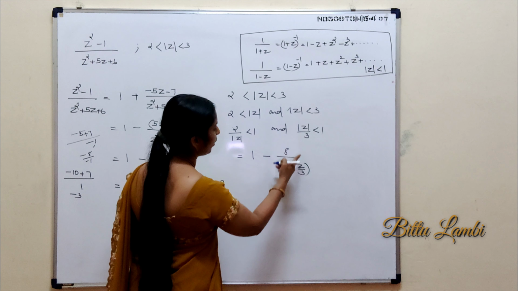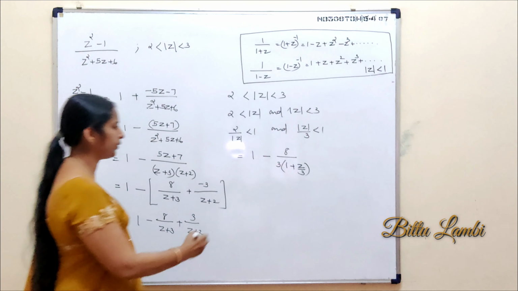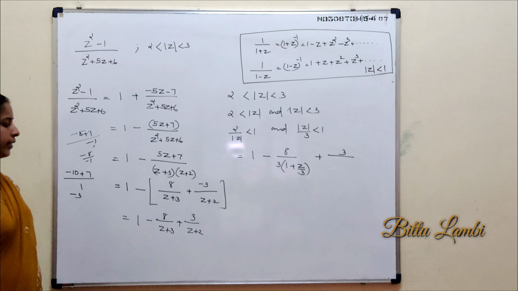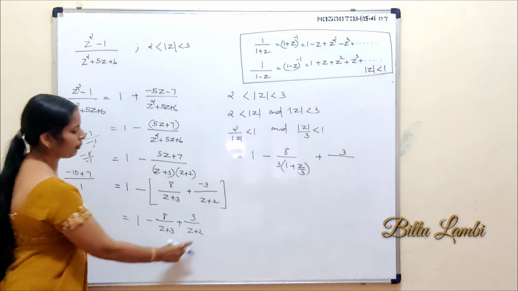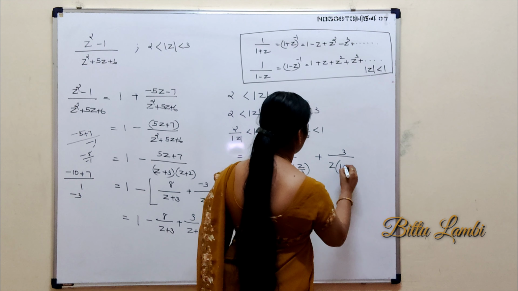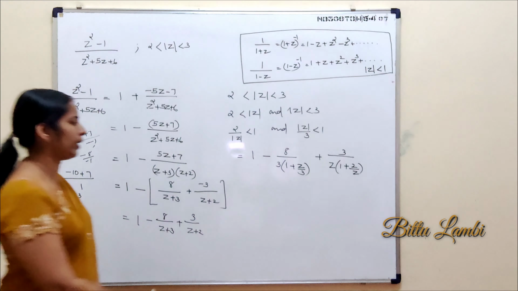Here the modulus of z by 3, that is mod z by 3, is less than 1. Plus 3 divided by, we have 2 by mod z less than 1. You have to keep 2 by mod z, for that you have to take z outside: z into 1 plus 2 by z. Now it's ready for expansion.